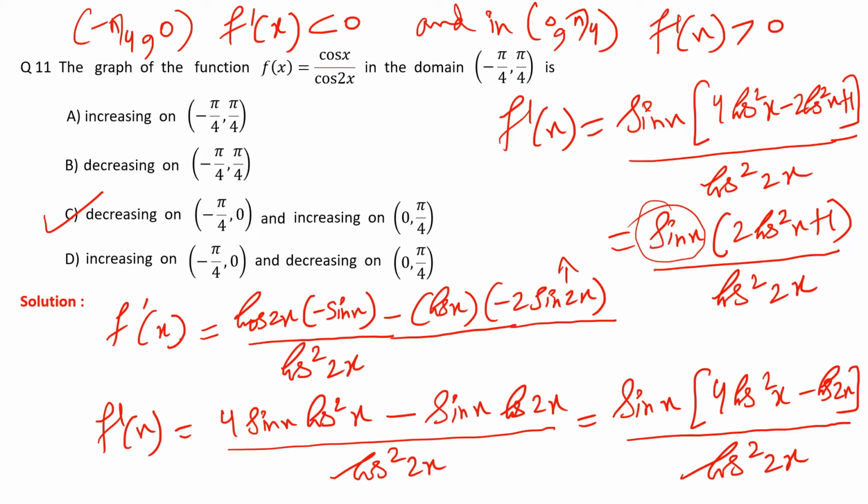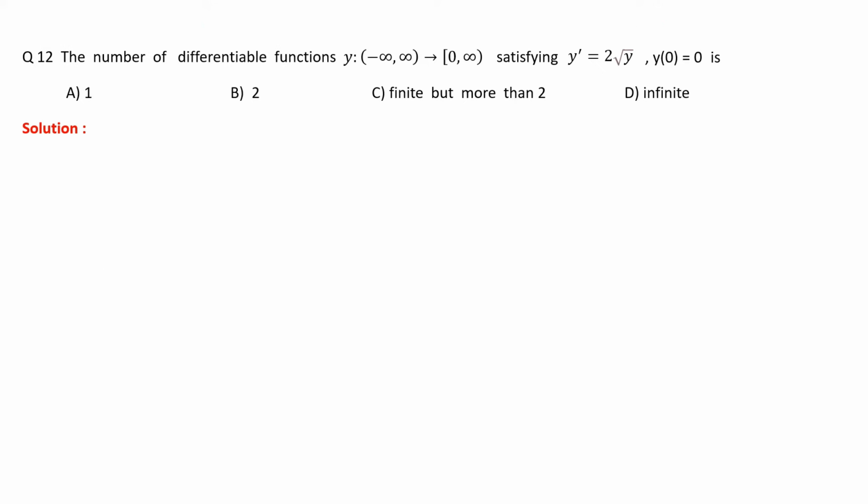Right? Now we move to the next question. Now students, it's a wonderful tricky problem. The question says the number of differentiable functions y going from open interval minus infinity to close 0 to infinity, satisfying y dash equal to 2 root y, where y at 0 is equal to 0 is.